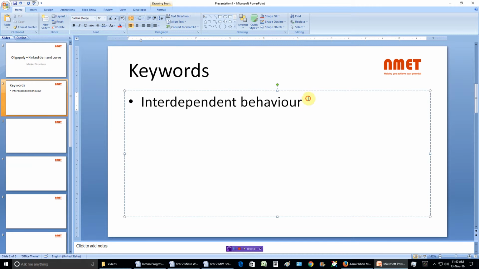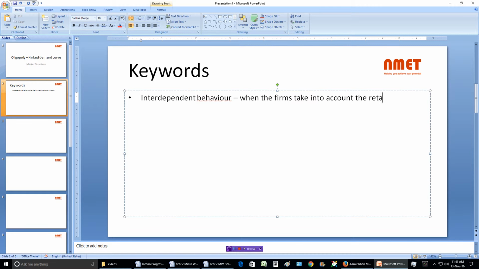Of firms. Let me just minimize this so I can fit in a few more. So, what do we understand by interdependent behavior of firms? It's the dependence of each firm with each other. So, what the firms do is when the firms take into account the retaliation by other firms, it doesn't necessarily have to be retaliation, it could be action as well.